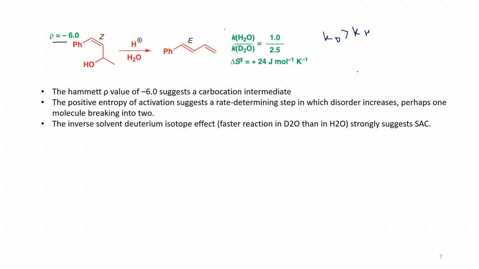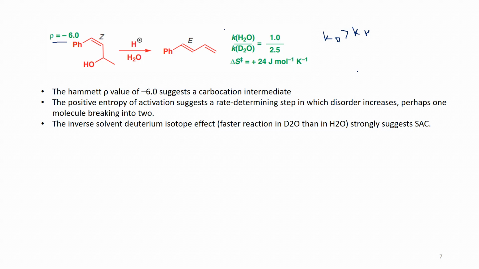Whenever in a reaction there is an inverse kinetic isotope effect, that means the OH bond or the OD bond is not getting broken at the rate determining step.